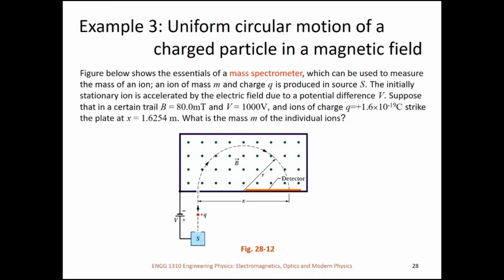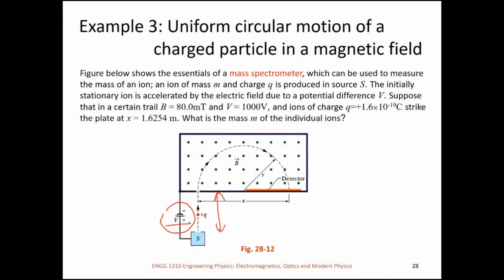Then they utilize voltage to accelerate the ions, right? Of course, it still depends on whether you have a positive ion or negative ion. If positive ion, you should set it up in this way so that the positive ion can be accelerated during this process.